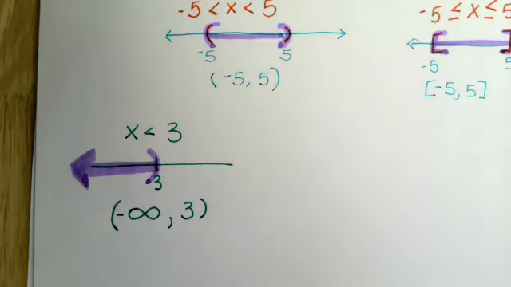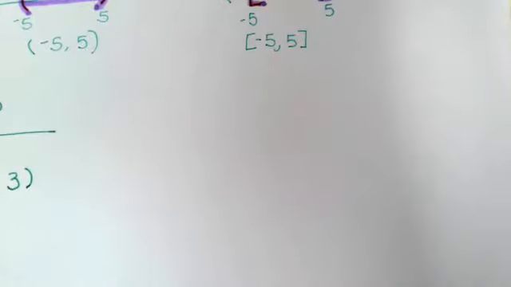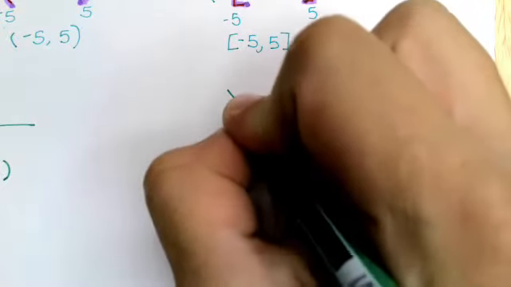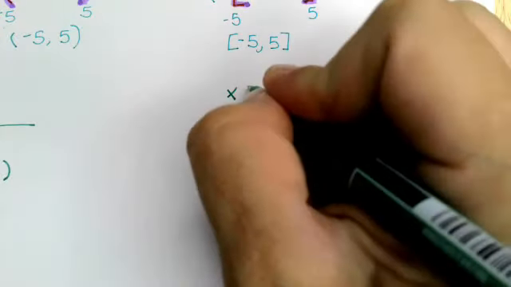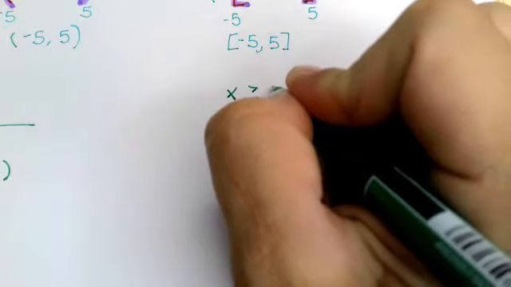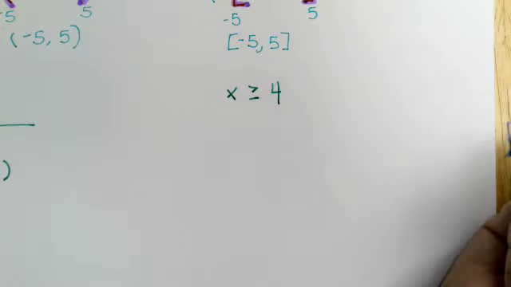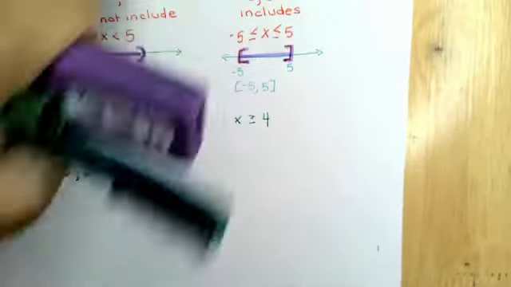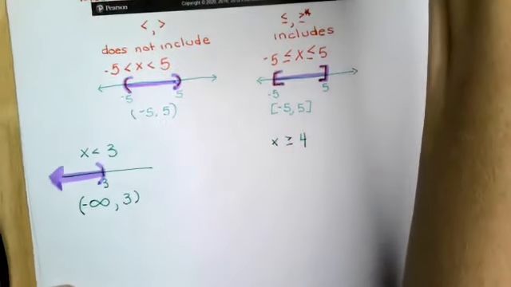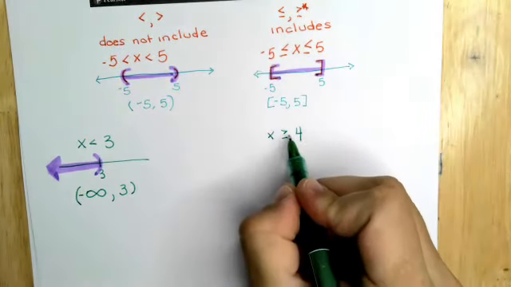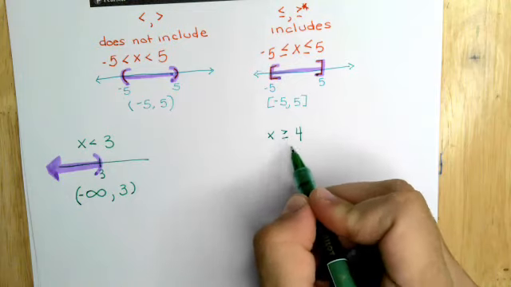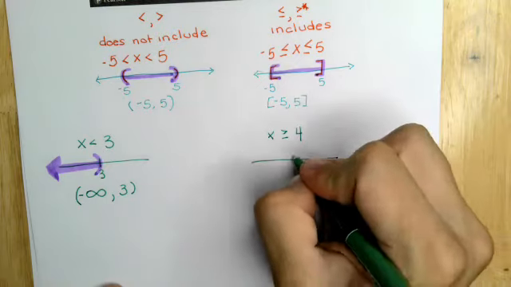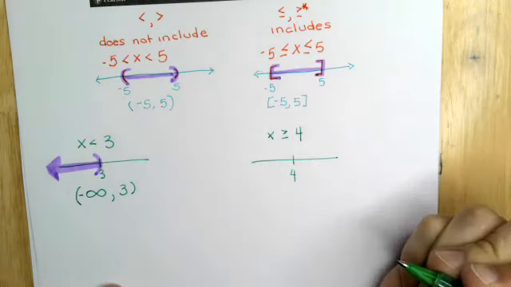Okay. Over here, I'll do x is every number greater than or equal to 4. Keep it simple, right? Make it so you can see these other examples at the same time. x is greater than or equal to 4. How do I graph that? I draw a number line, I put a 4 on that number line, greater than 4.